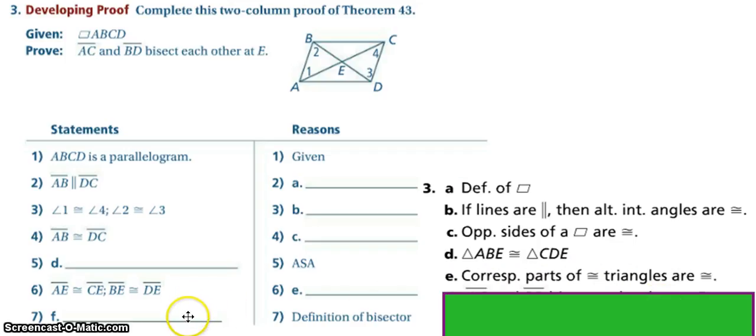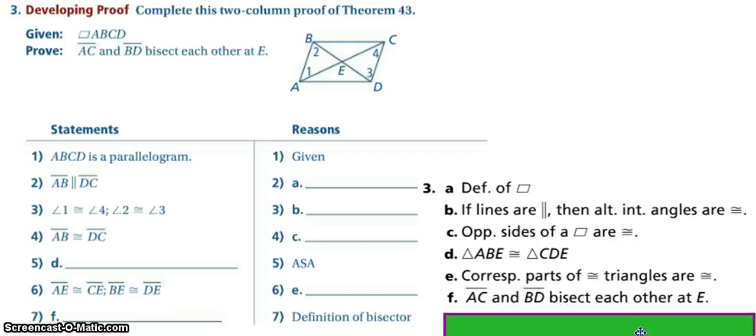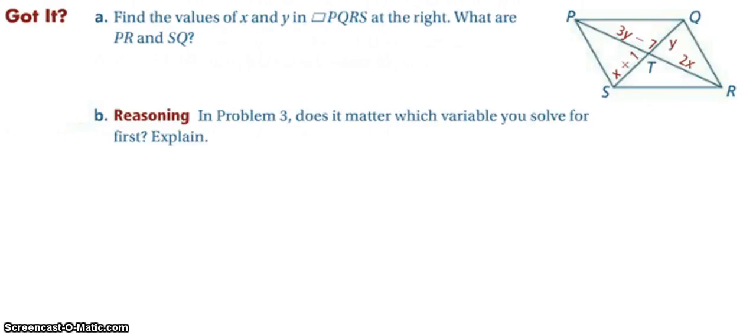And our last statement, based on the definition of a bisector, is that my lines AC and BD bisect each other at E because we know that they have created congruent parts, and that is exactly what a bisector does. Please make sure you've worked through problem 3 to get to this point.